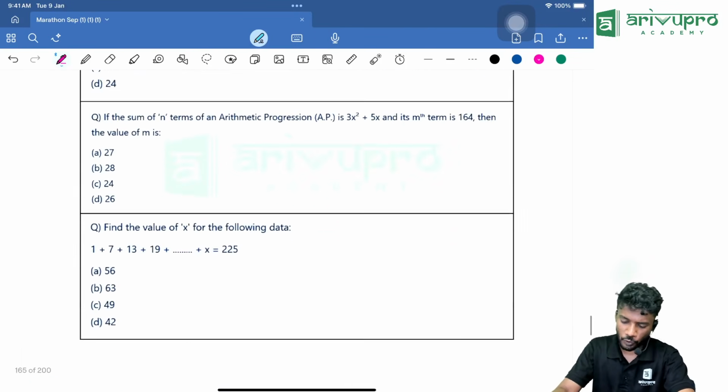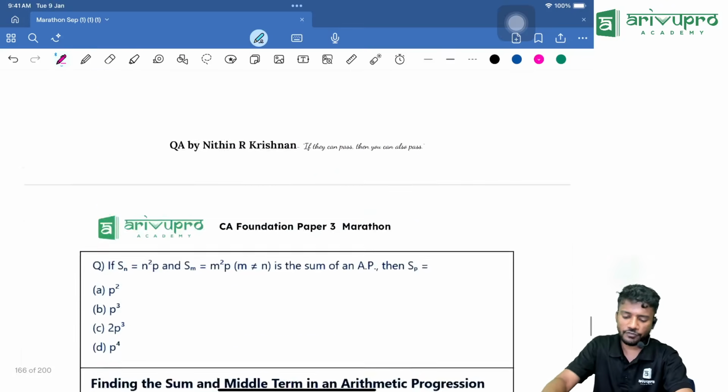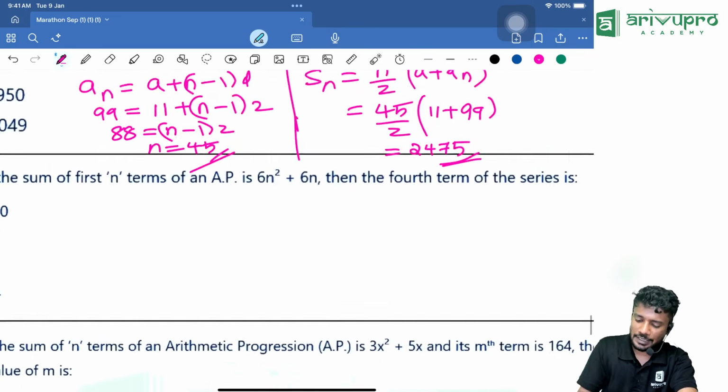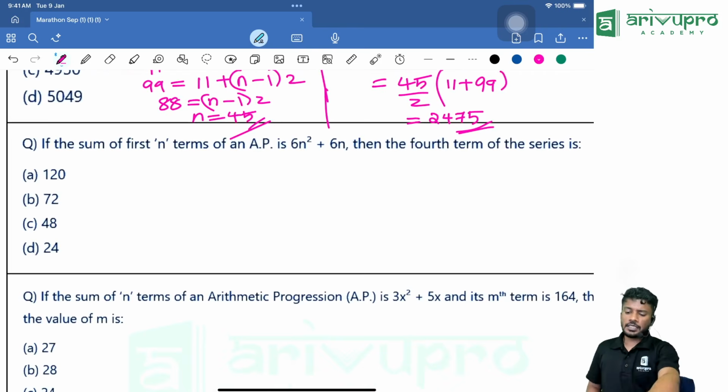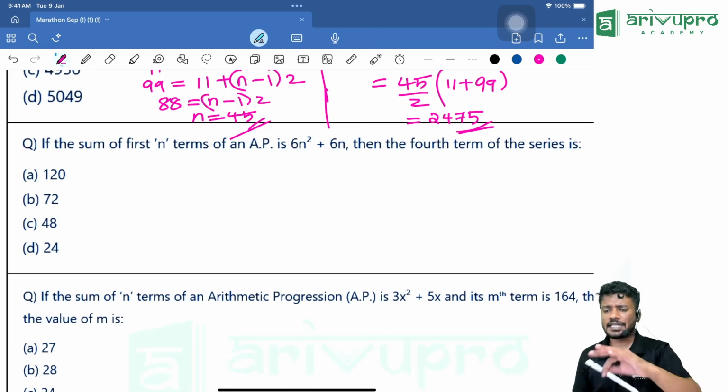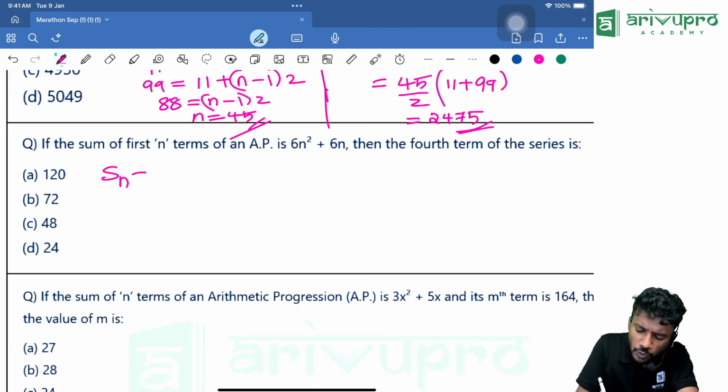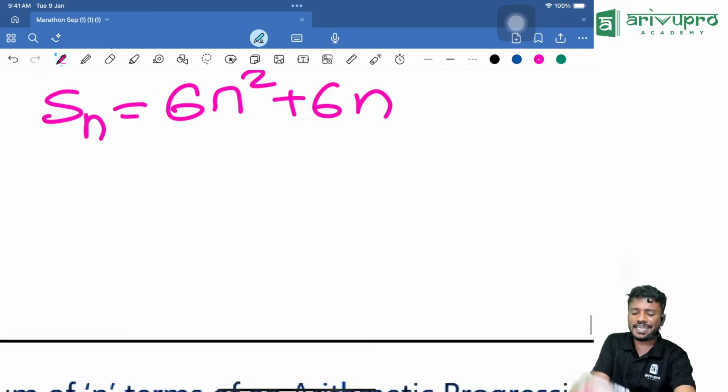Now we are going to one of the important parts of our AP. Sometimes they will give the question like Sn is equal to, for example, this one, 6n square plus 6n. In terms of n, they will give the question. Sometimes it will be x instead of n.